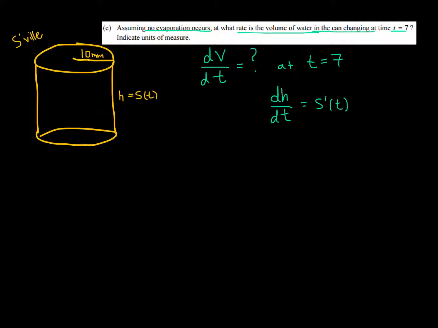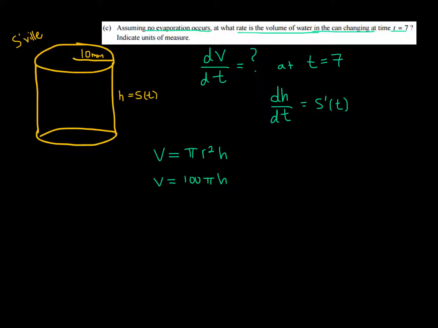And so the formula for volume in terms of radius and height is V equals pi r squared h. And here I know that r, the radius, is always 10 millimeters, so I can square that and update my equation so that I have the volume is 100 pi h. Now, you've already noticed the relationship between the derivative of height with respect to time and the function that we already know.